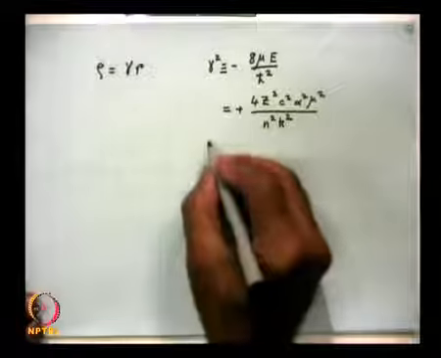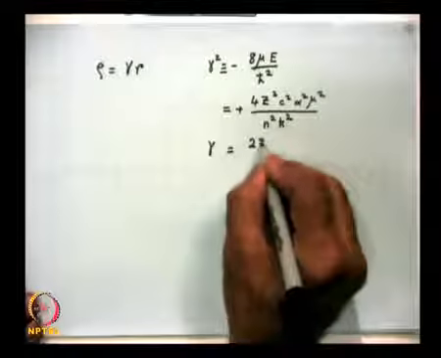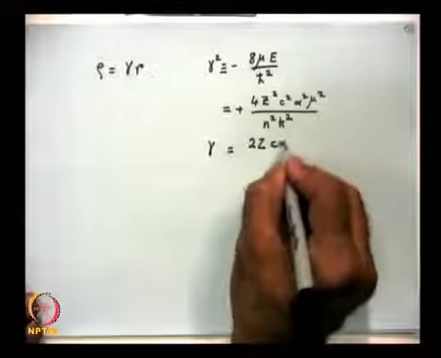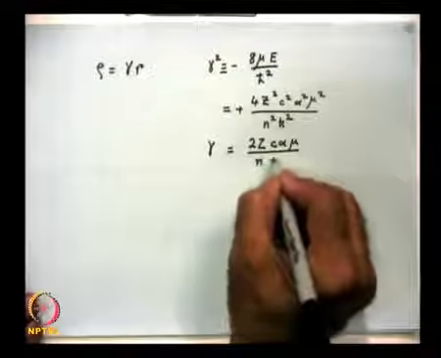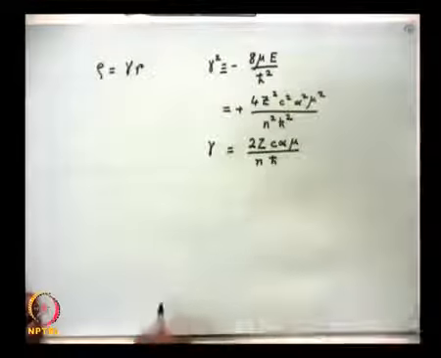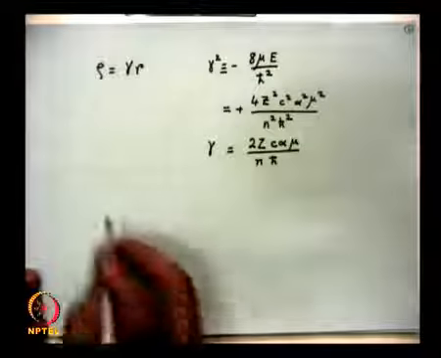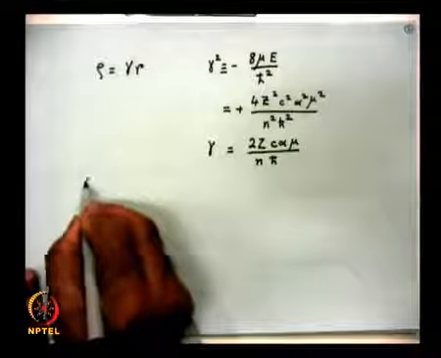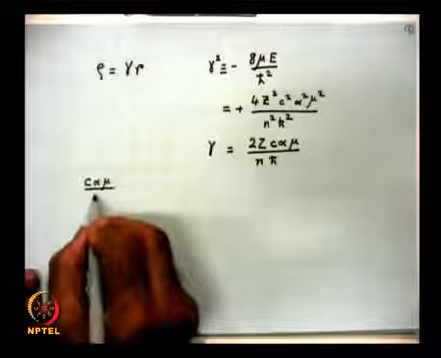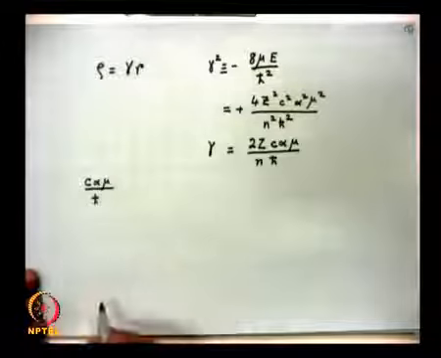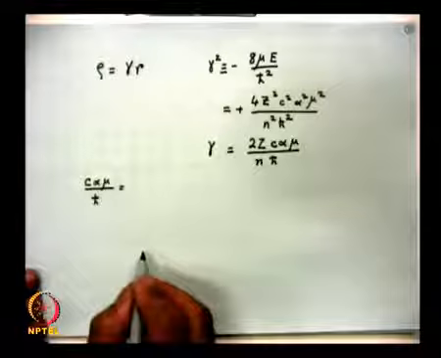So, therefore, gamma is equal to 2 Z c alpha mu divided by n h cross. Now, the quantity c alpha mu by h cross, where alpha is equal to e squared by h cross c.